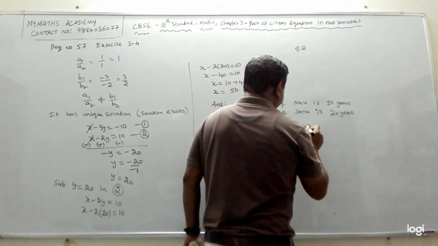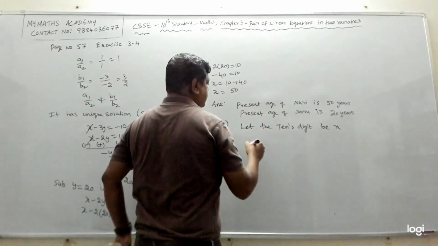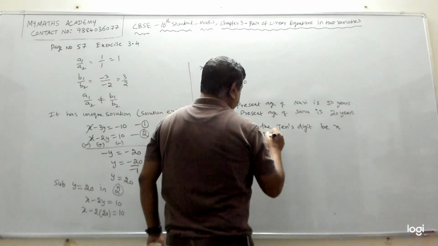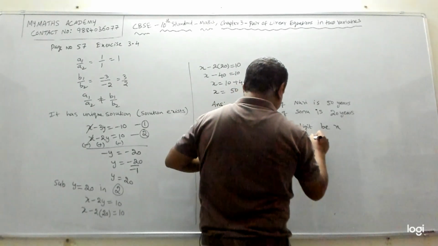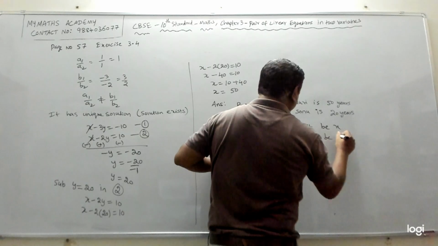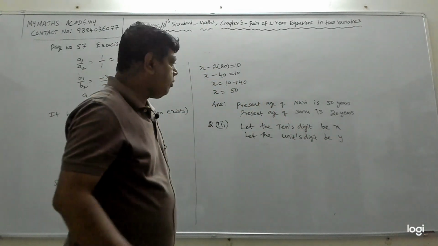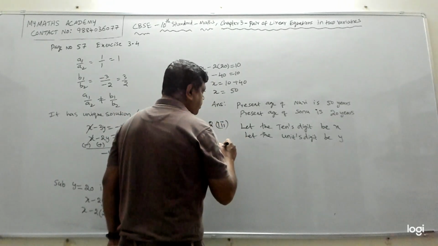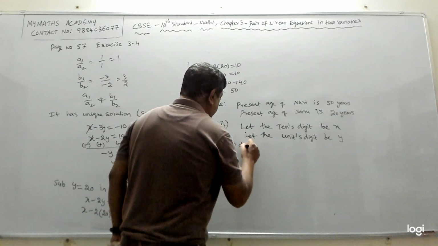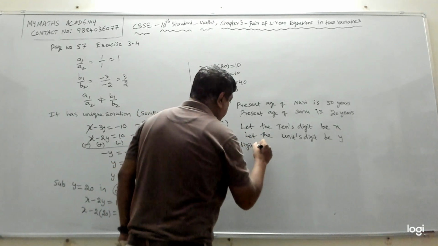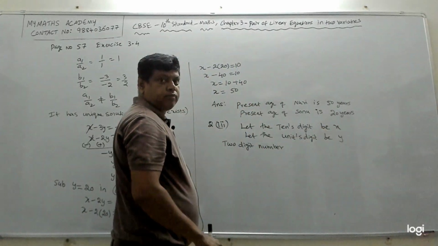So let the tens digit be X. Here we don't know what the number is. Let the units digit be Y. Now the 2-digit number is not XY.